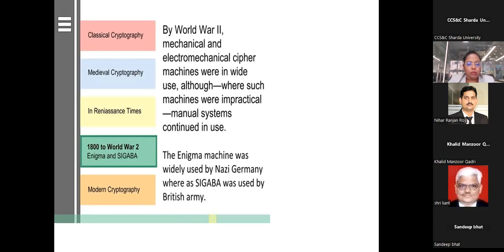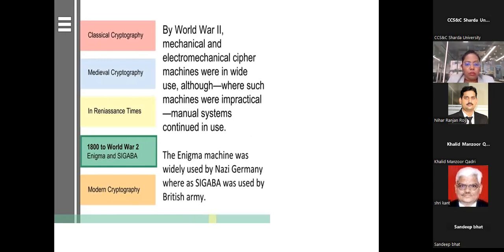So in this cryptography, mechanical and electromechanical cipher machines were in wide use, although where such machines were impractical, manual systems continued in use. And the Enigma is one of the machines. I will tell you more about the Enigma and the Siraba.